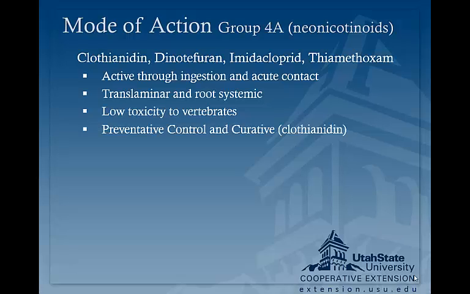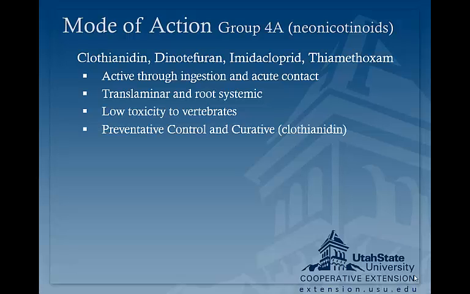But one of the things with neonicotinoids, they're one of our most widely used insecticides too, next to the pyrethroids that I talked about earlier. So this one you'll find in a lot of different products. Again, these are the different active ingredients. There's a whole lot of products out there, but look for the active ingredient names that I've given you. These are active through ingestion and acute contact.